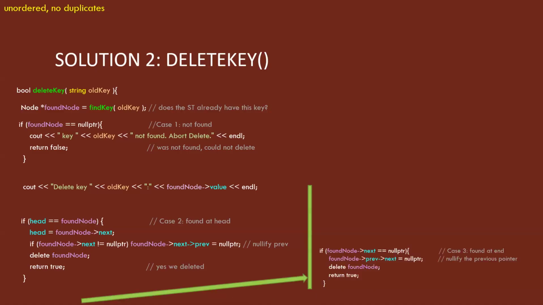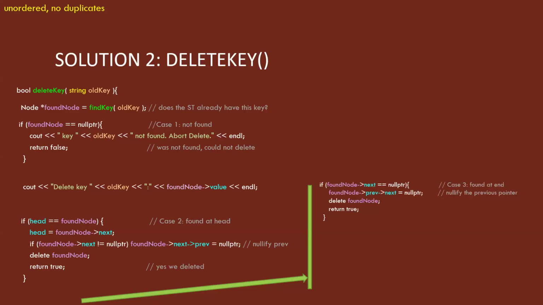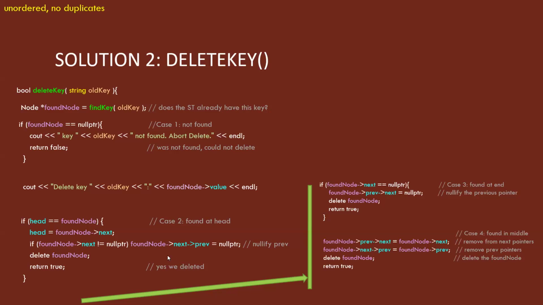That's case 2, case 3 at the end. So just a little bit different. If the found node next equals null, we're at the end, and so we'll say found previous next equals null, and delete the found node. Otherwise, we're in the middle. Notice there's not even an else here because we already returned from our previous cases.